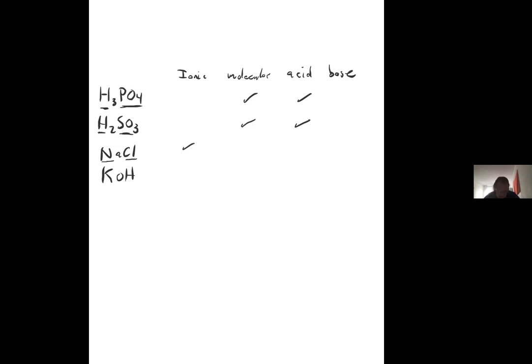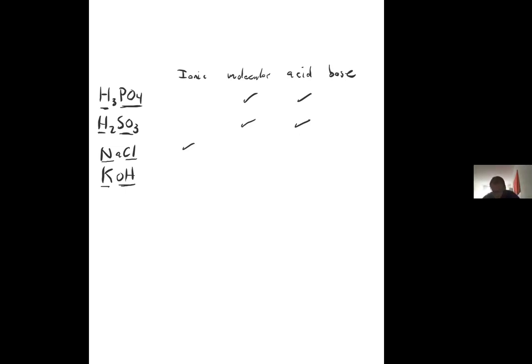And then KOH. Now, here's a metal and a non-metal, so that looks like it's ionic. But remember, that's one of the bases. The bases are those metals: lithium, sodium, potassium, rubidium, and cesium, with barium and strontium. So that's going to be a base.